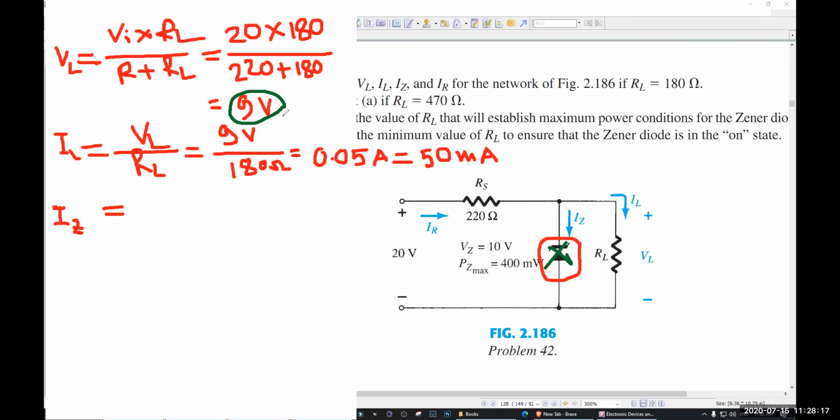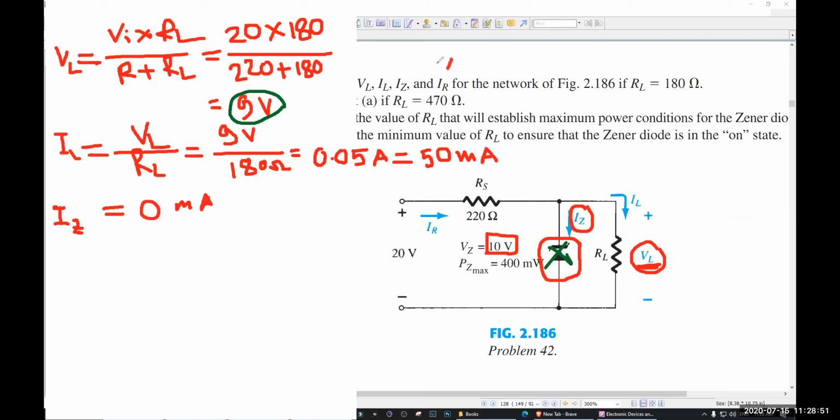Because the voltage is 9 volt, and the voltage was supposed to be equal to 10 volt or more. But you got 9 volt, which is not enough to turn on the Zener diode. If the Zener diode is off, IZ is 0, because 9 volt is not enough.